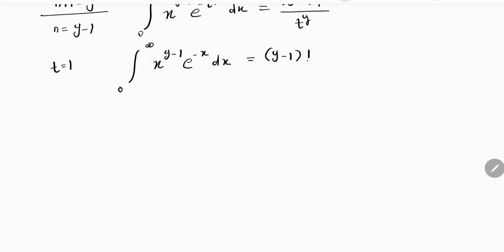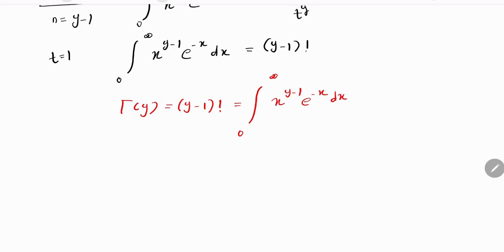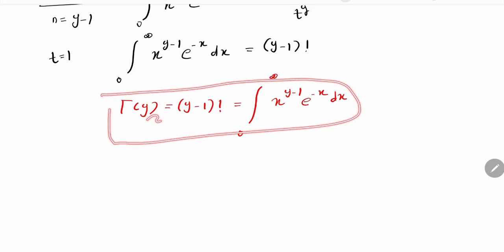So we can rearrange this equation. Gamma of y is equal to y minus 1 factorial, which is equal to the integral from 0 to infinity of x to the power y minus 1 e^(-x) dx. So this is a function in terms of y.